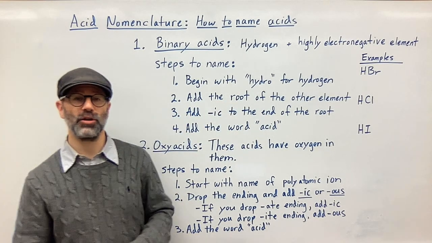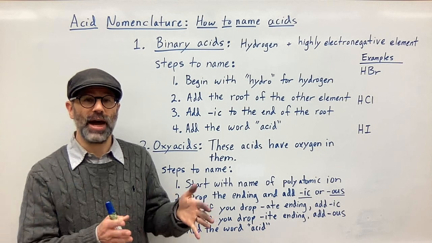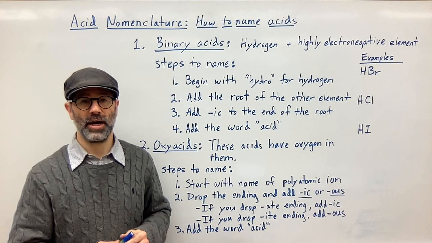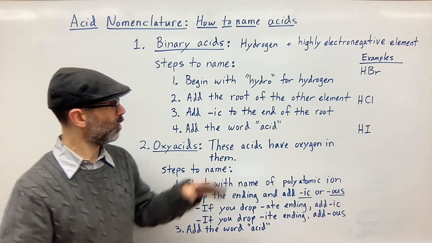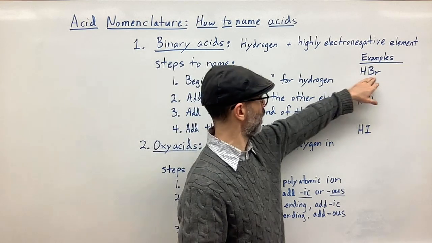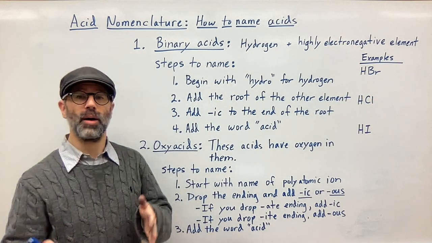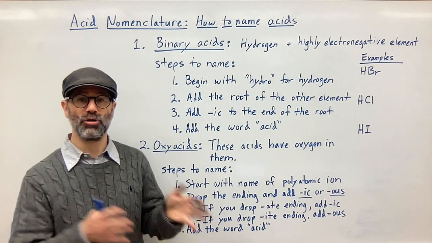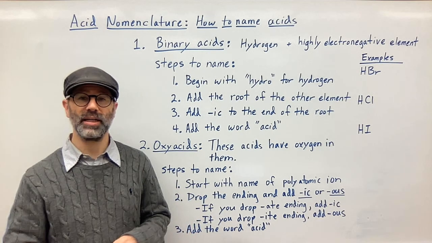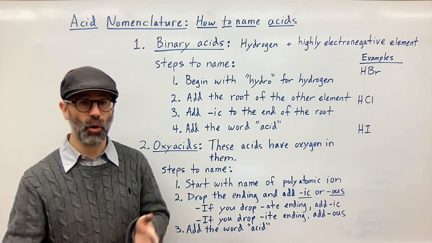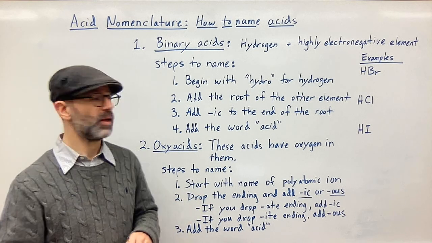So you begin with hydro for hydrogen, then you add the root of the other element. Basically you add the name of your second element and drop the ending. Let's say your second element is bromine, then you would add bromine to hydro, so it'd be hydrobromine, and then drop the ending, ine. Drop the ine ending, and then you have hydrobrom, so that's your root.